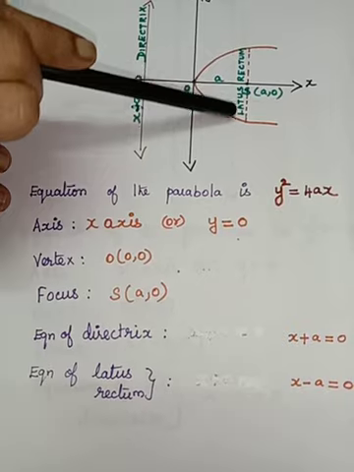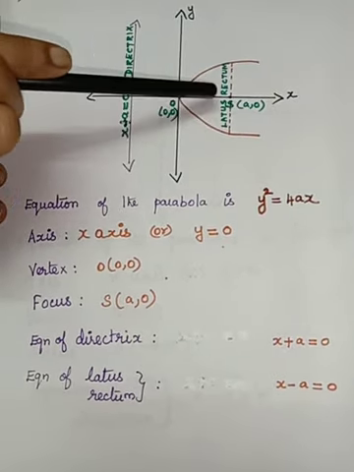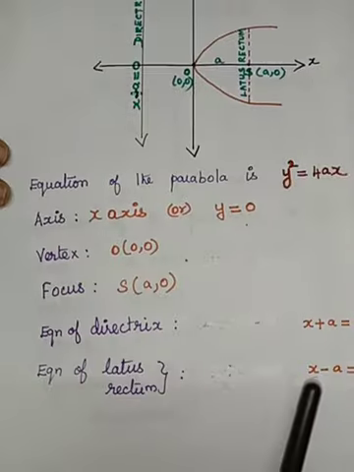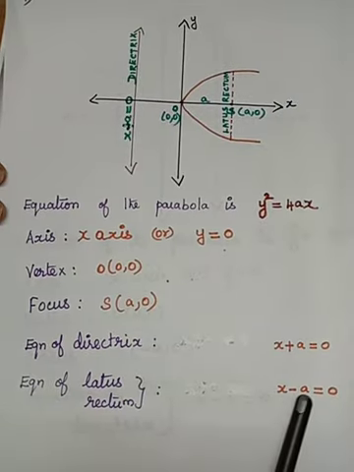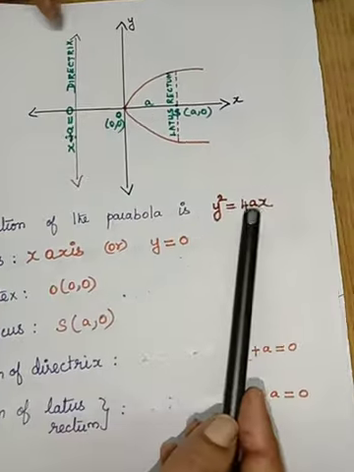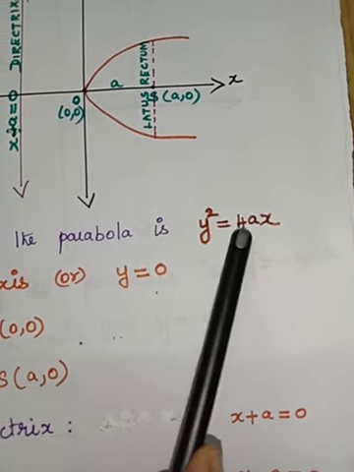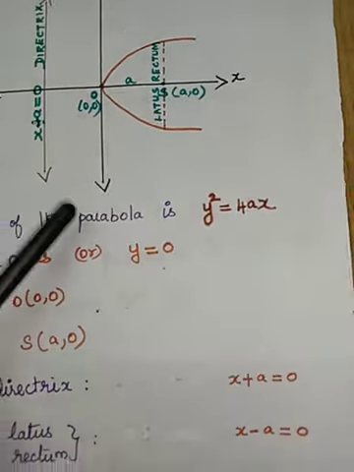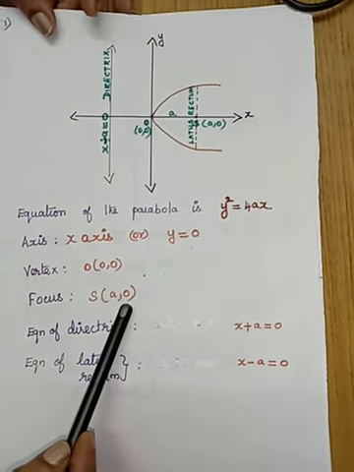Next, you know that the latus rectum definitely passes through the focus. So the equation of the latus rectum is x equals a, which means x minus a equals 0. This result you should know. You see the right side: here x is positive, so all the results will be on the positive side of the x-axis. That's why your focus is (a, 0).